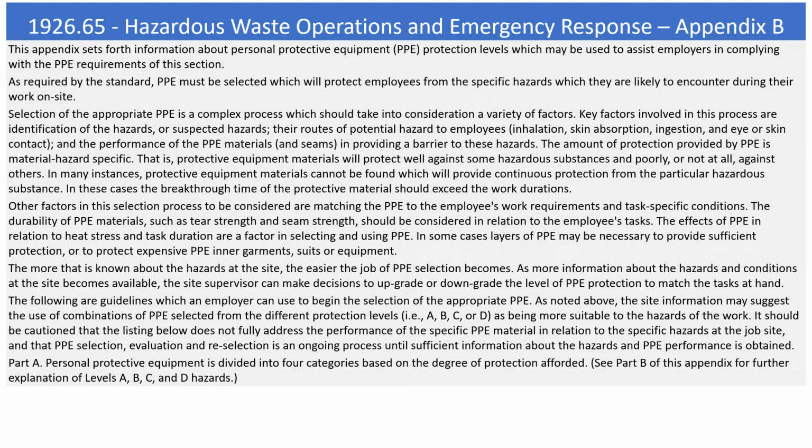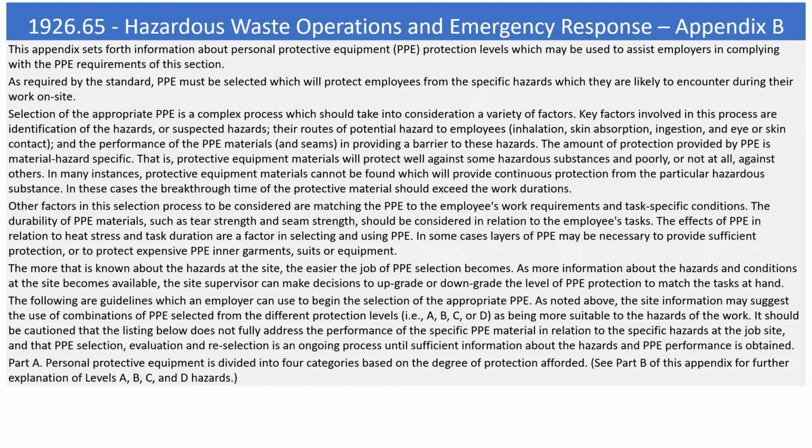Selection of the appropriate PPE is a complex process which should take into consideration a variety of factors. Key factors involved in this process are identification of the hazards, or suspected hazards, their routes of potential hazard to employees, inhalation, skin absorption, ingestion, and eye or skin contact, and the performance of the PPE materials and seams in providing a barrier to these hazards.